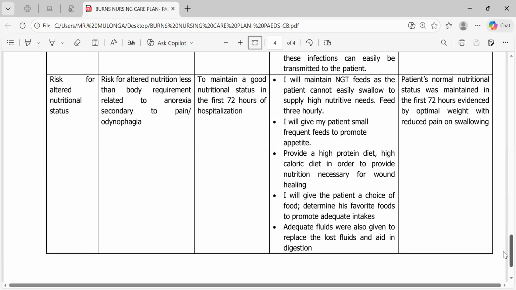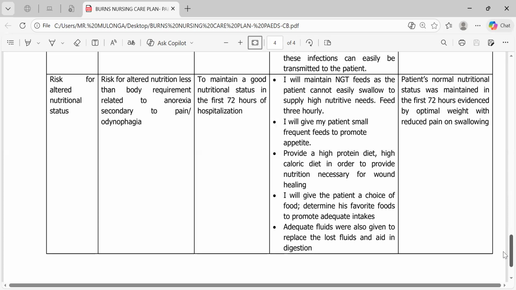But if, just like the question said, there was no mention of the neck, you are not putting NGT. You are not feeding the child using an NGT. So that is an emphasis that I have to make. I have put this point because I am explaining that if the neck has been involved, meaning the bends are present on the neck.